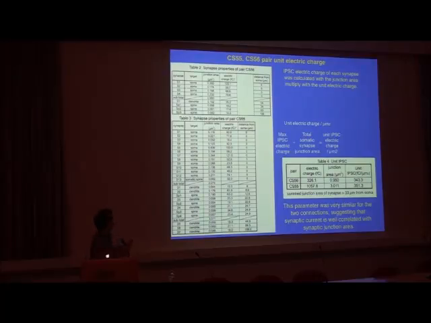For instance, the biggest somatic contact of CS56 is 120 picocoulomb. And then the spine synapse is only like 20 or 15 picocoulomb. They are pretty small.